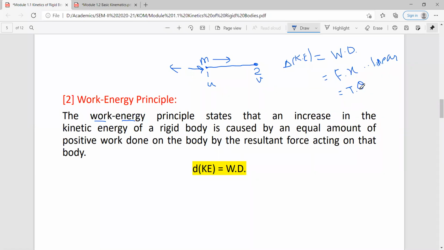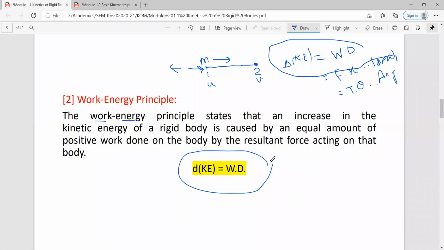So in case of angular motion, this will be the formula for us. By this particular equation, you can solve the problems of kinetics. You can see what is unknown in this equation, and that unknown can be found.